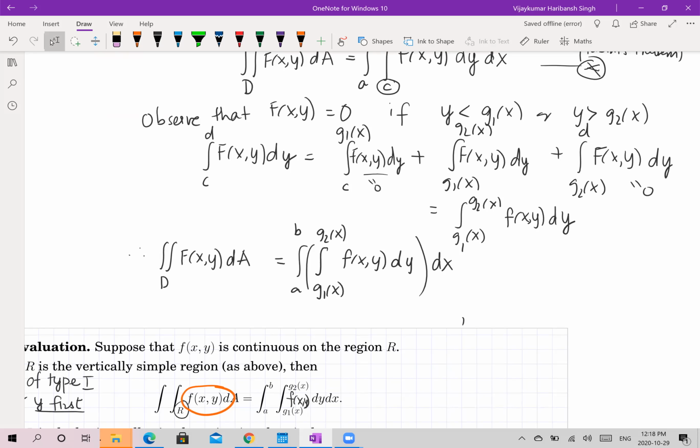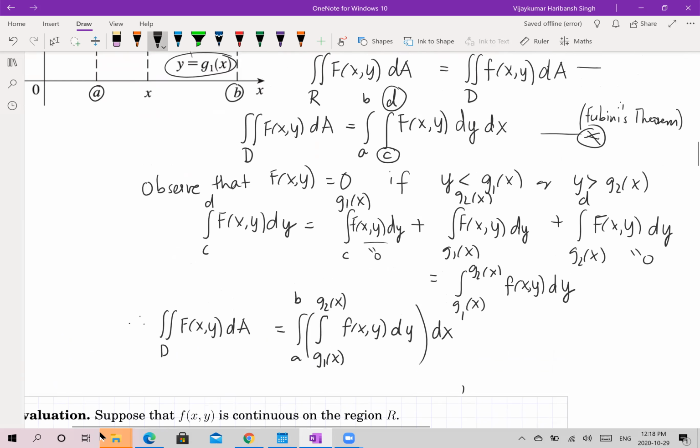So we have found a way to integrate our function over a general region, at least when it is of type 1, aka y first, aka vertically simple region.